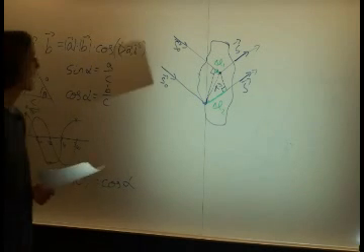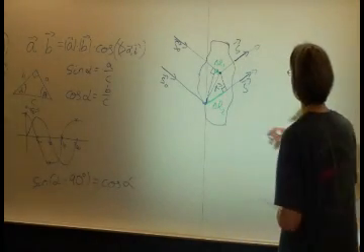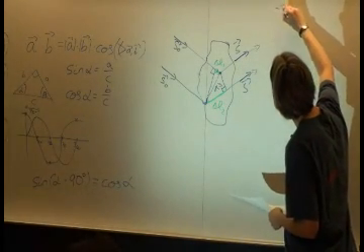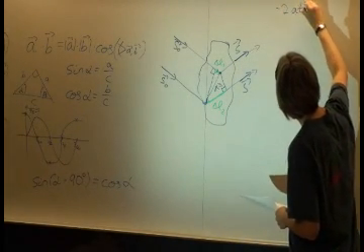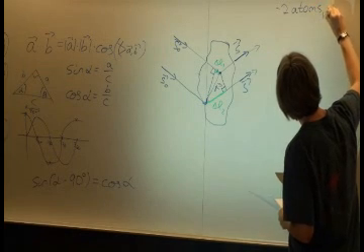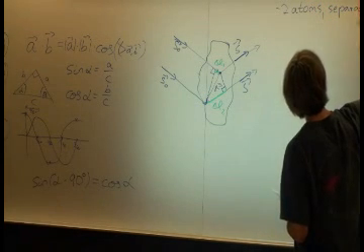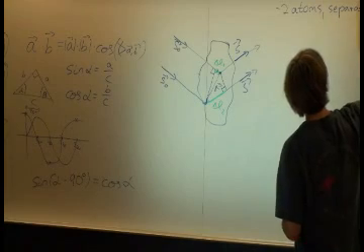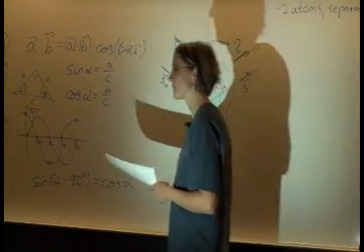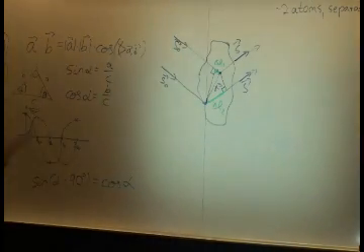Now we do have to make a couple of assumptions. We have two atoms separated by a vector r, right? We already said that.